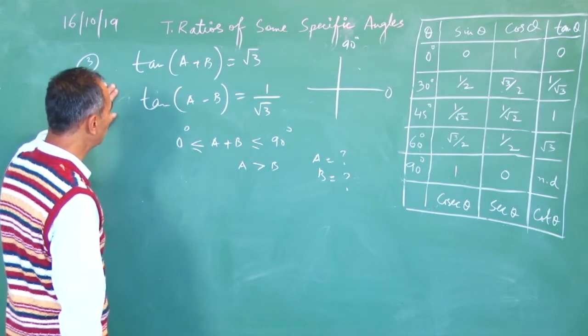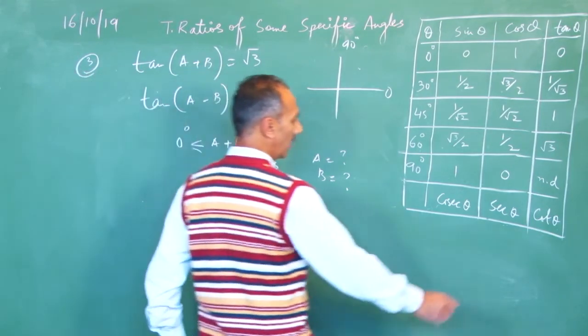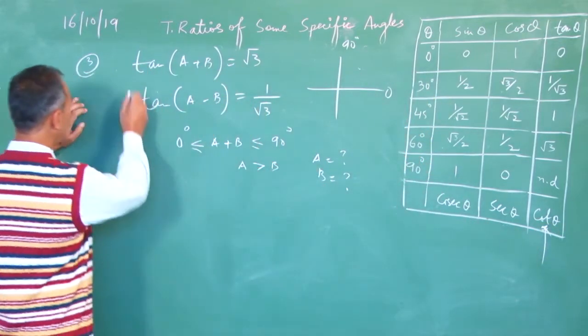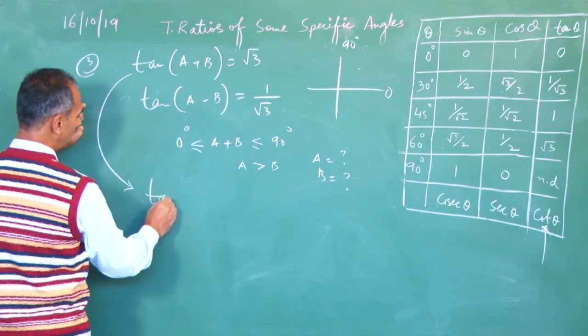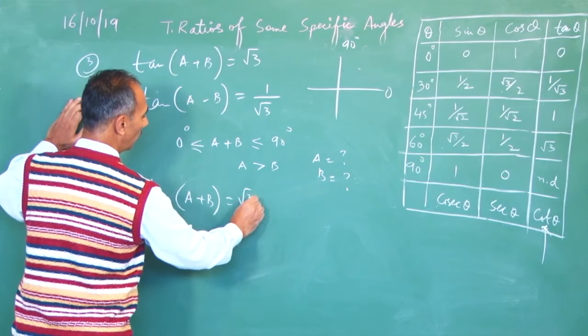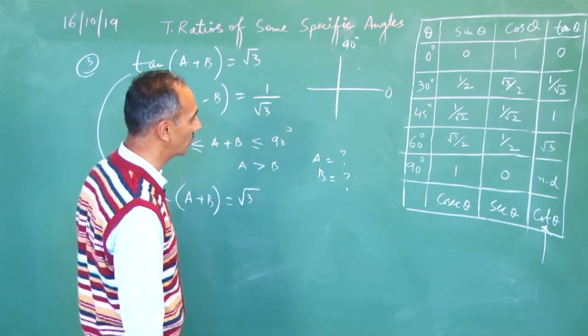So what we'll do, we'll observe that if it's tan, we go to the tan column. I'll focus on the tan column. Now tan of A plus B is square root 3. I will say that, okay, if tan A plus B is square root of 3, then tan of which angle is square root of 3? That is 60.